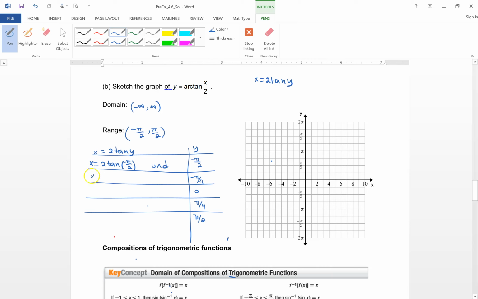All right, so here, x equals 2 tangent negative pi over 4. What's the tangent at negative pi over 4? Negative 1. So this is 2 times negative 1, negative 2. x equals 2 tangent of 0. What's tangent of 0? 0. x equals 2 tangent of pi over 4. Positive 2. And here, x equals 2 tangent of pi over 2. Undefined.